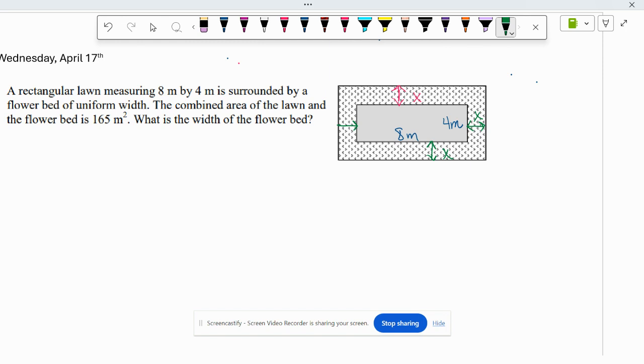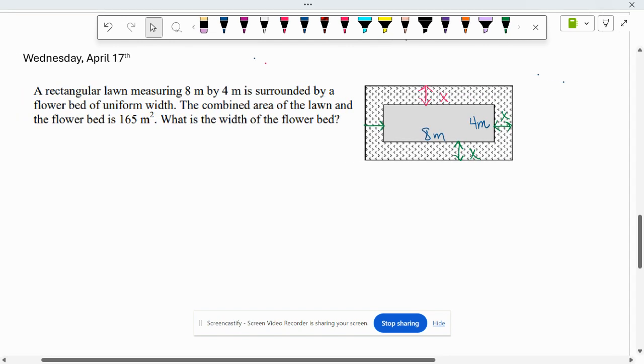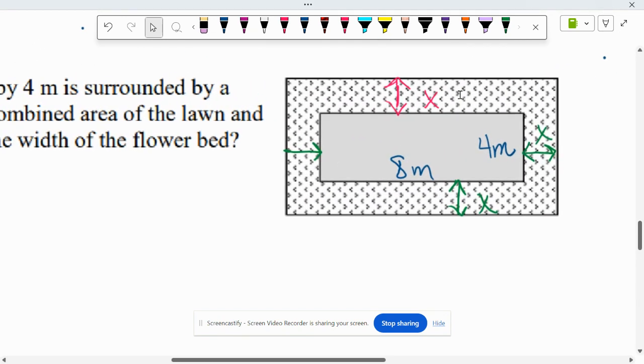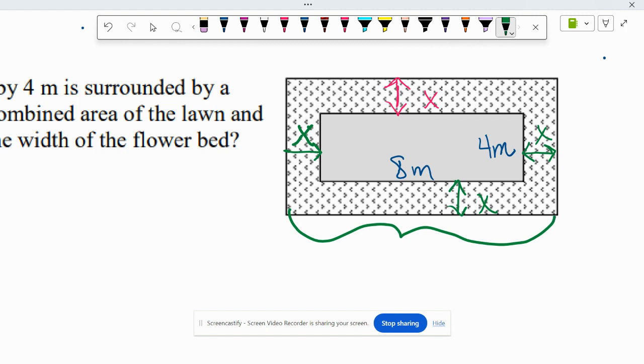What is my new length when I think about it? What is my new length? What is the new length? What did I add to each side? Guys, if this is the original length right here, what am I adding to each side?